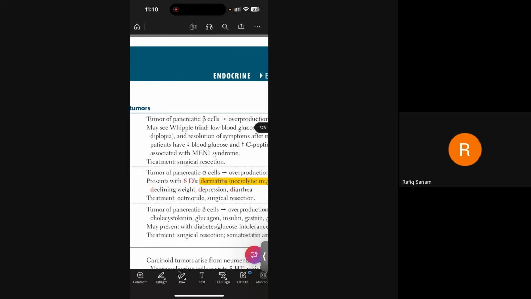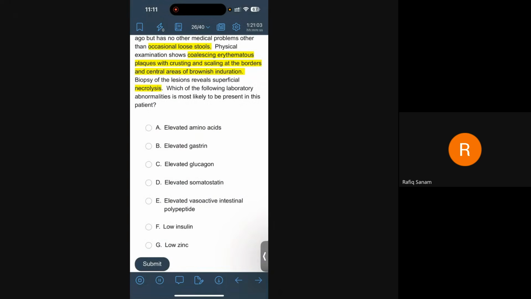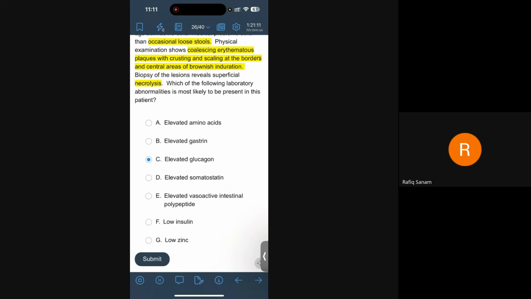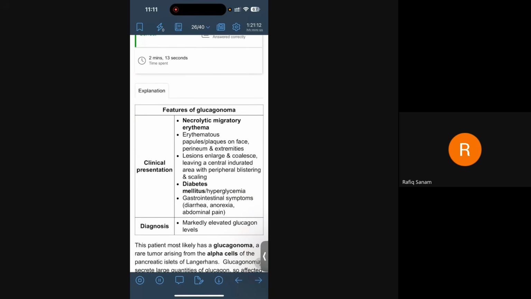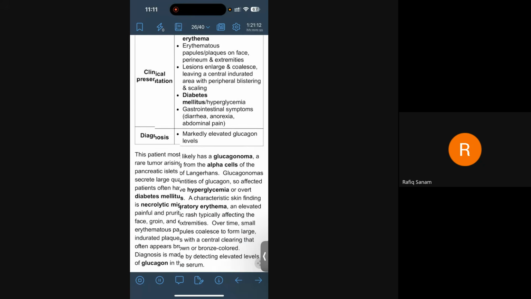Our patient has diarrhea. There is only one option in the whole of these options which can explain these three findings in this patient: necrolytic migratory erythema, erythematous papules and plaques, diabetes mellitus, diarrhea, abdominal pain.